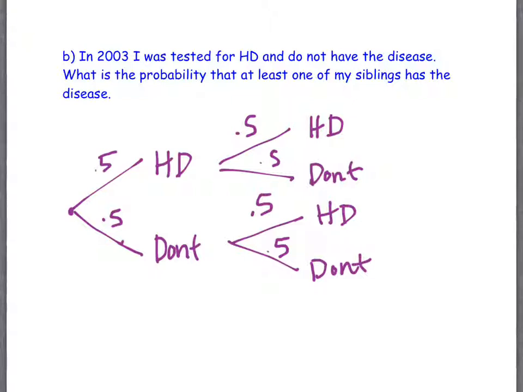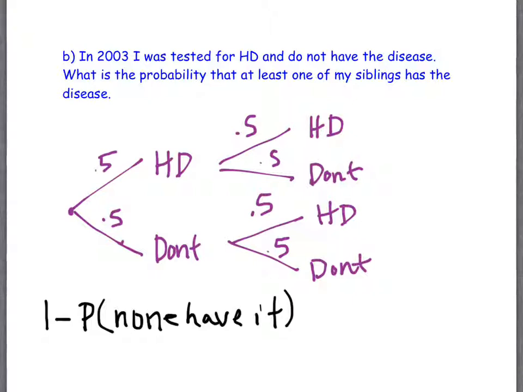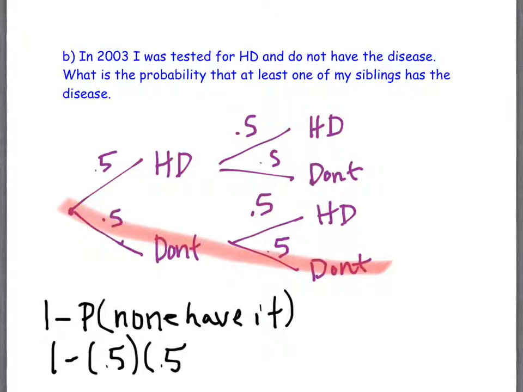So if you look at the same question and you ask the same question but with respect to this diagram instead of the other one, we can do the same thing. We can talk about this being 1 minus the probability that no one does. And along this diagram, we can take a look at the don't, right? They don't have it. And we can find that value as being 0.5 times 0.5.